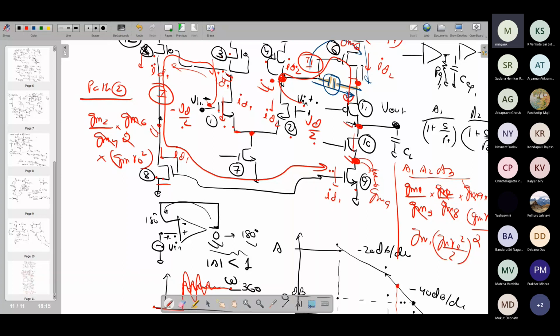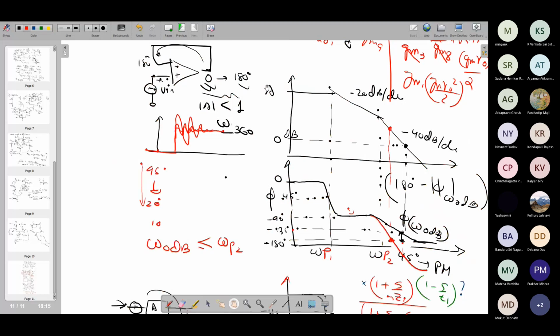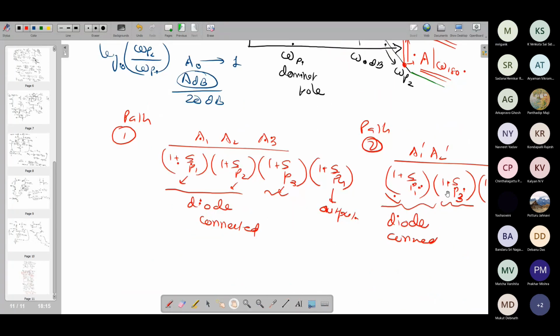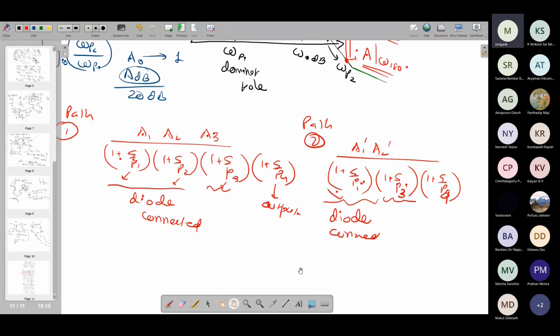Therefore, I'm calling this P3 dash, because it is similar to P3 of the first path. So out of these poles, if we assume that the transistors are well matched, P1 dash are similar, P3 dash are similar, P4 are similar, but you have this part which does not exist in the second path. So this path is different.